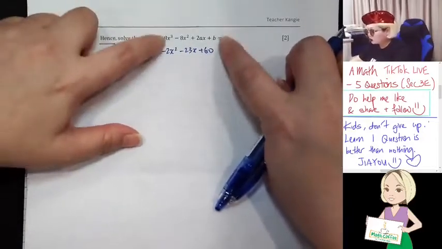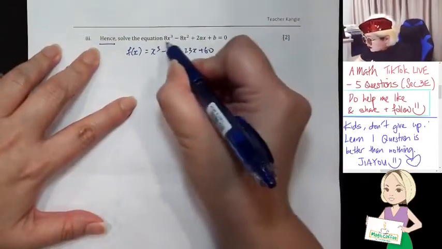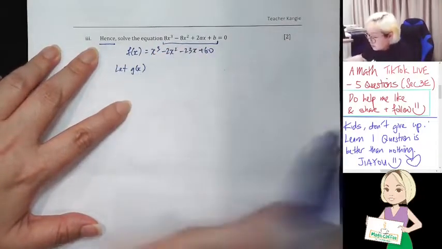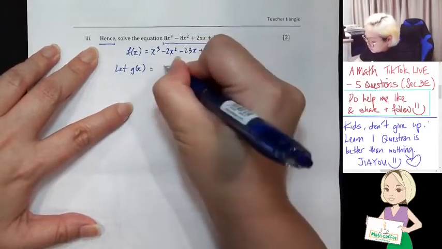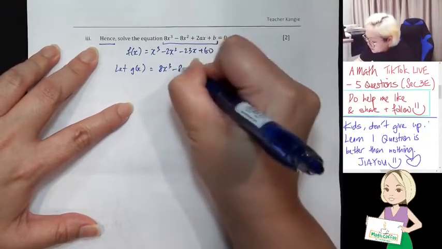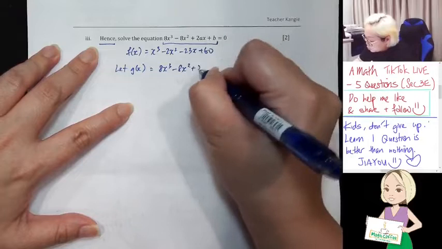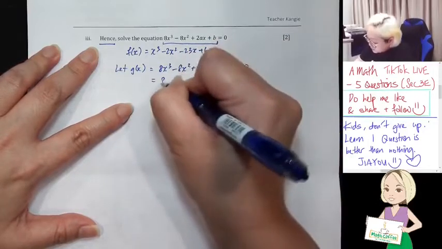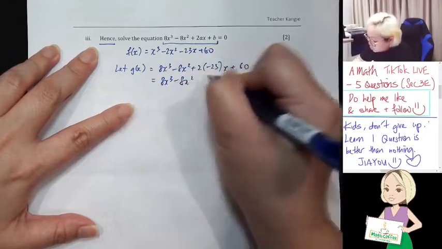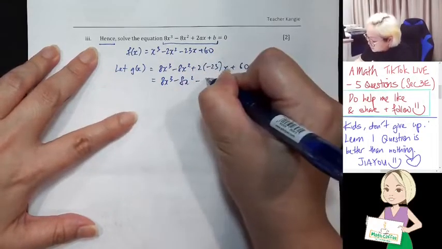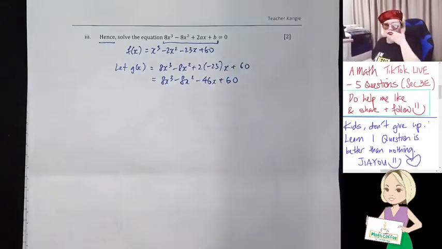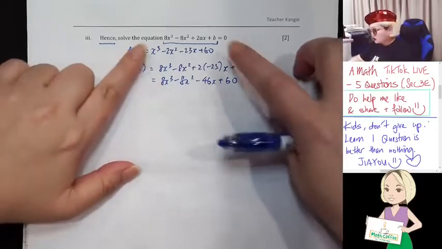Okay, they want me to solve the equation, so I'm going to let g(x), so it's another polynomial, right? So I will say let g(x) equals to 8x cubed minus 8x squared minus 46x plus 60. So I need to link this to this.